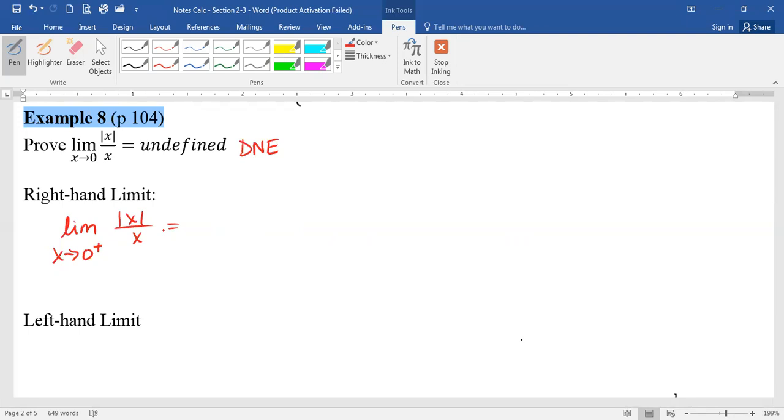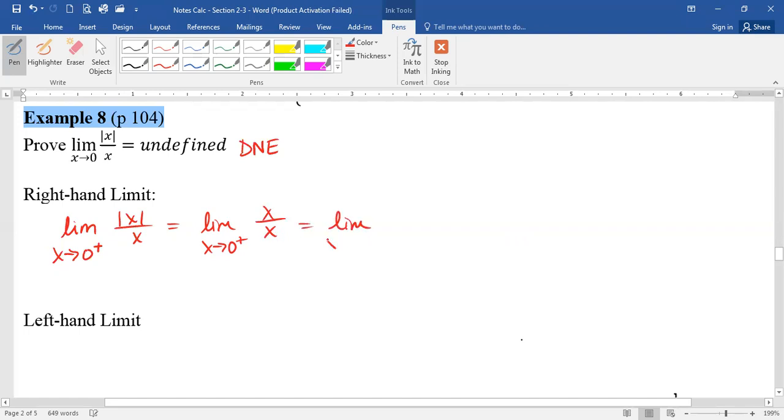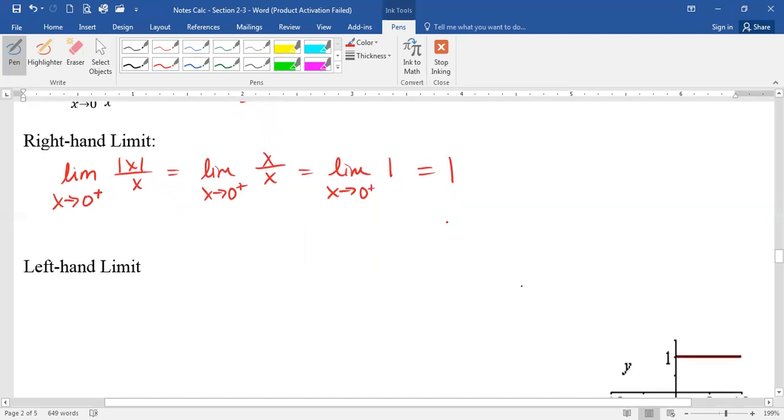So I'm really just saying it's the limit as x approaches 0 from the right of x over x, which is the limit as x approaches 0 from the right of 1. Well, the limit of 1 is 1, right? So I get 1 on that one. That makes sense?